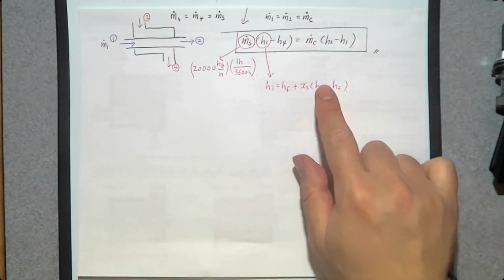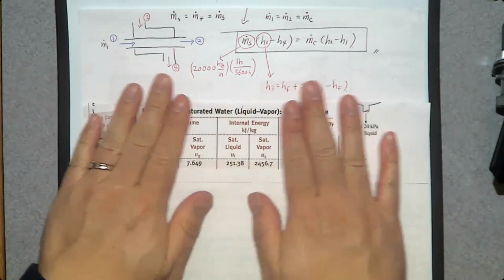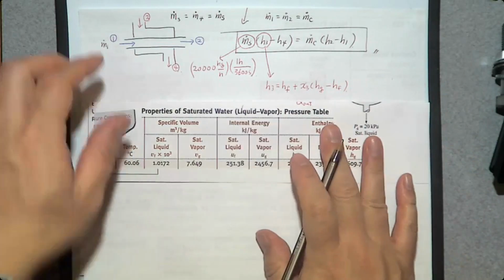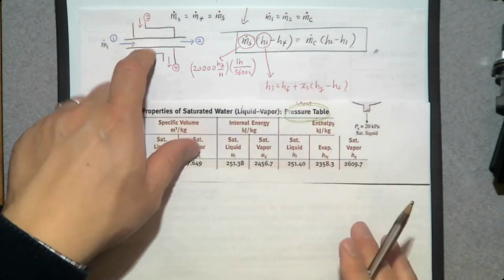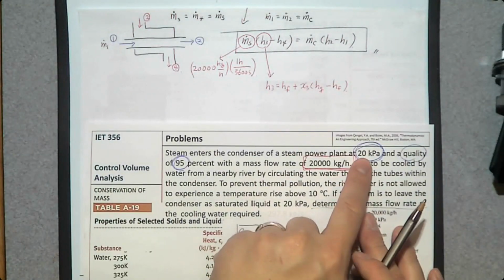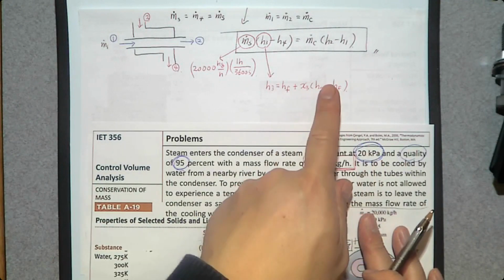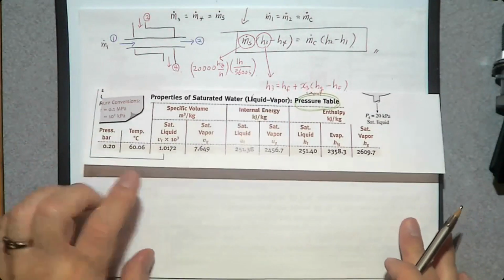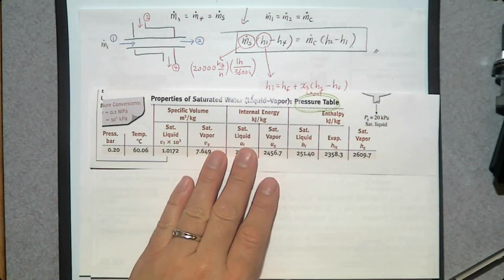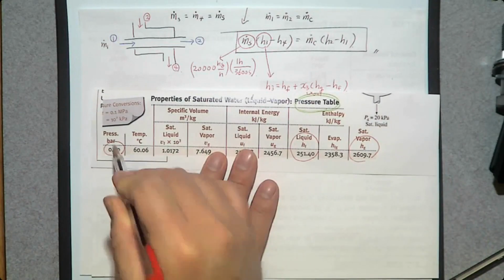Then how do we determine Hf and Hg? From the pressure table. What is the pressure at the inlet of the steam? 20 kilopascal. So Hf is at 20 kilopascal, Hg is at 20 kilopascal. Here is Hf, here is Hg at 20 kilopascal.